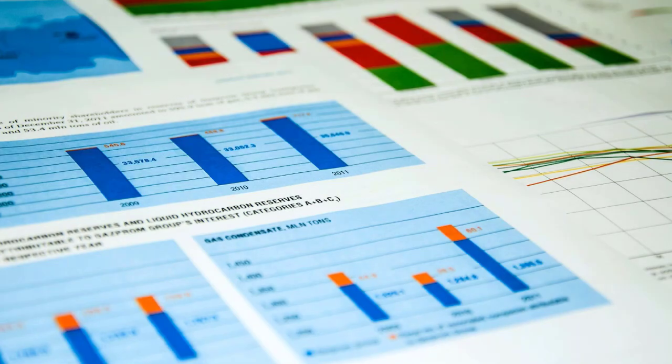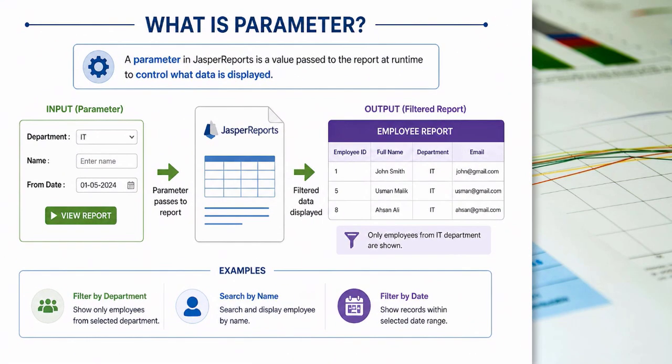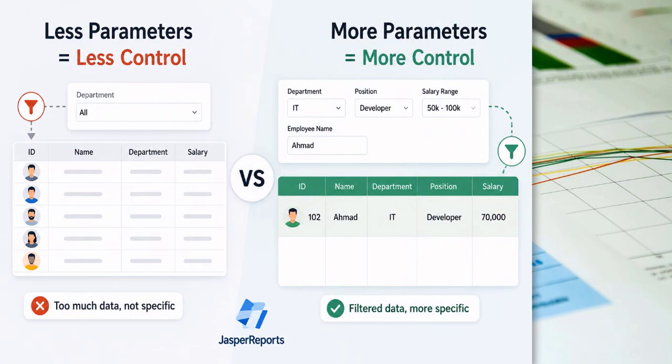First, we want to explain parameter in simple way. A parameter is just a filter. Whenever you want to filter data from a database, you have to use parameters. More parameters equals more control over your data, and fewer parameters equals less control over your data.